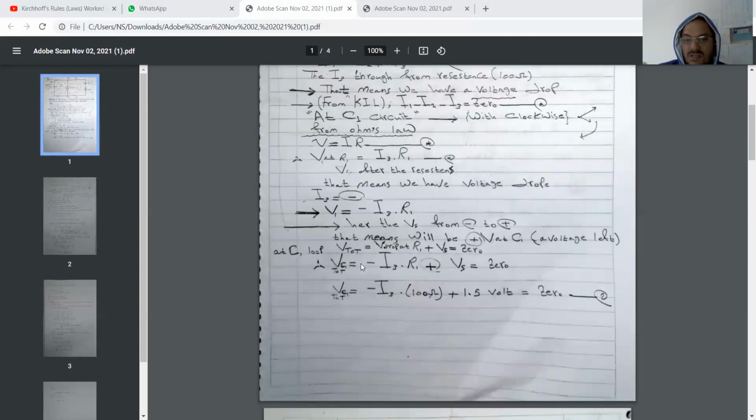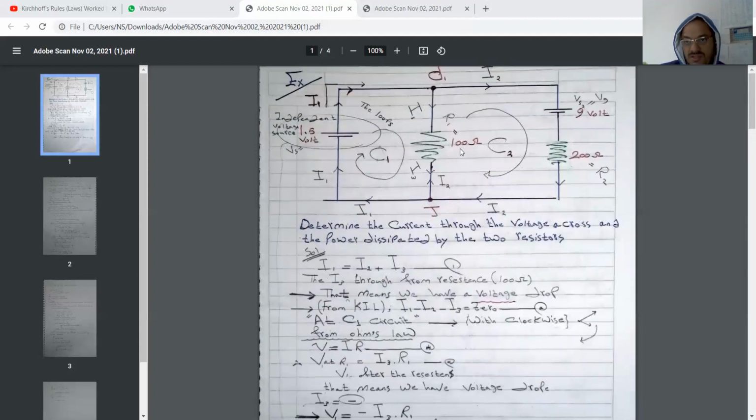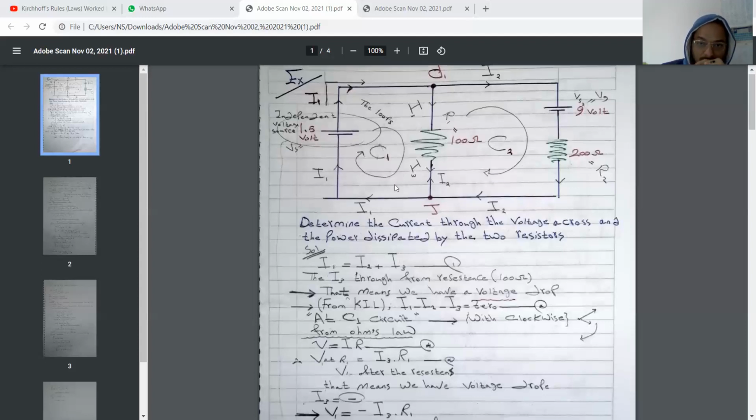Now, let's write the V total equation, equal to the voltage drop at R1. V total at loop 1 equals minus the voltage at R1 plus the voltage source, because going from minus to positive, we must put positive between these two amounts.